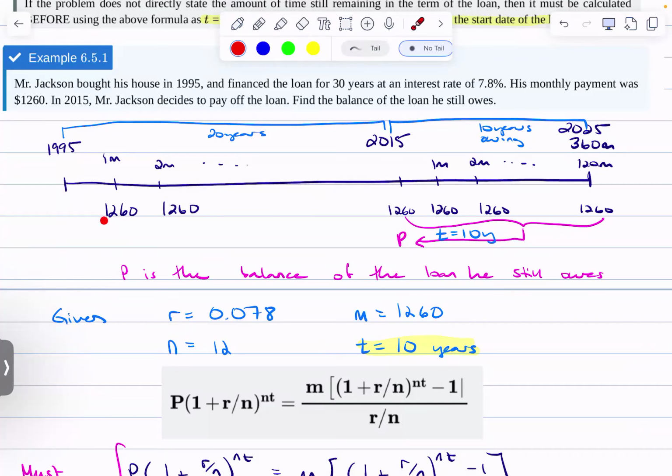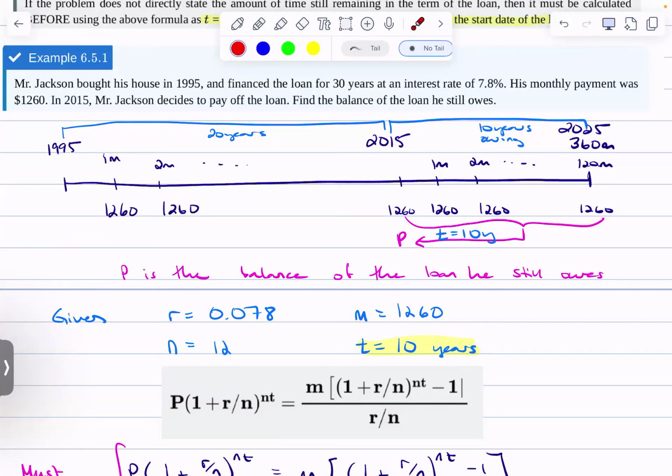All the 30 years of payments. So if you did the same thing, but for P back here in 1995, then that's how much you paid. Which would then be T was 30. Exactly. So that would be the only change.